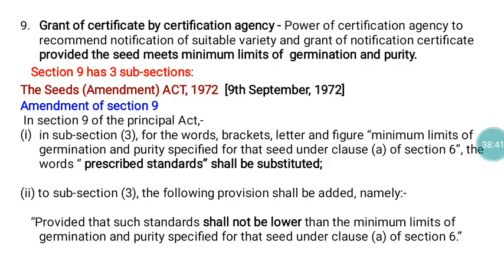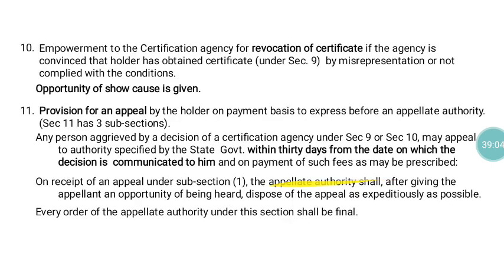Some legal amendments of this kind were introduced in 1972 through the amendment of the Seed Act. So section 9 mainly deals with the grant of certificates by the certification agency after verifying the quality standards as per section 6 of the Seed Act.